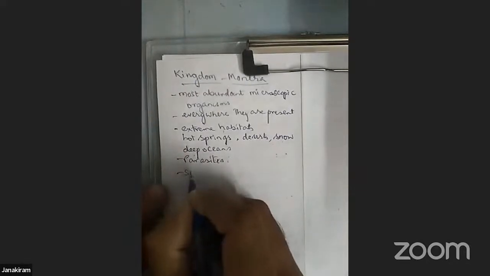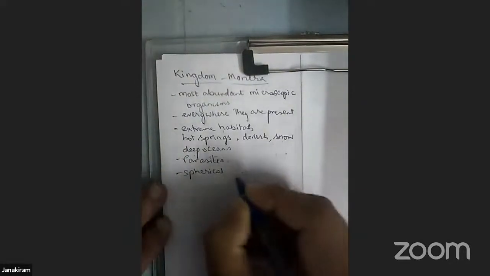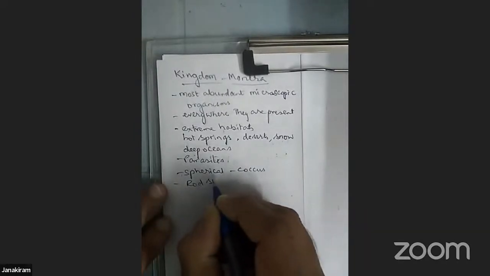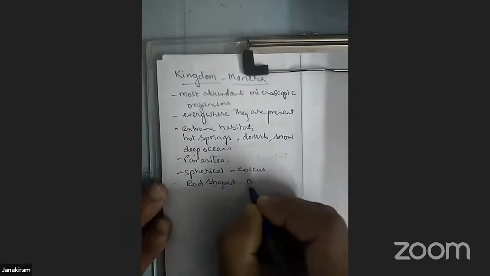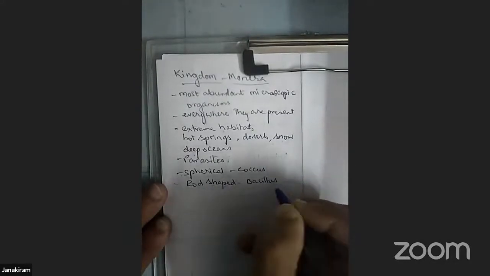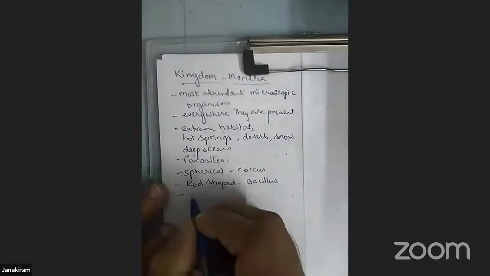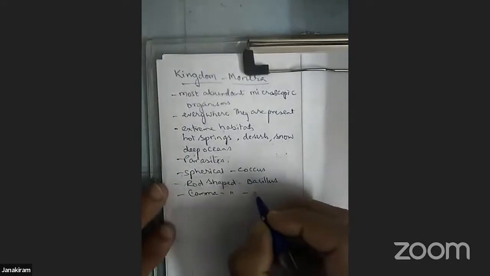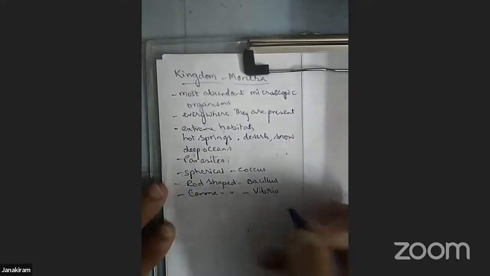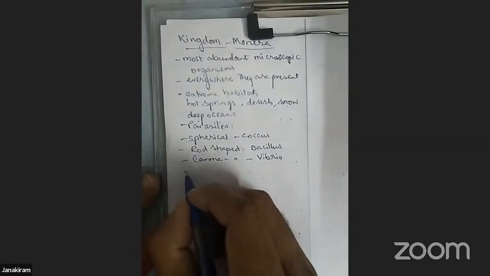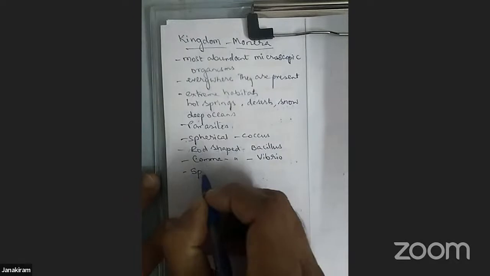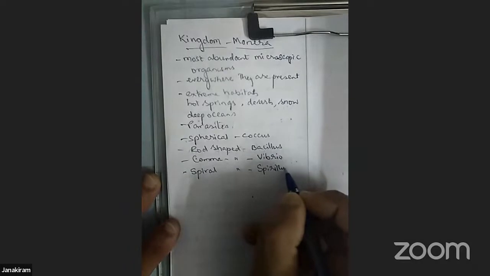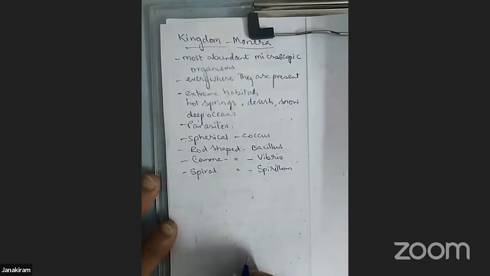Those are spherical, which are called coccus; rod shaped, which are called bacillus or bacilli; the third one is comma shaped, which are called vibrio; and the fourth one is spiral shaped, called spirillum. That is, they show a lot of diversity in their shapes.